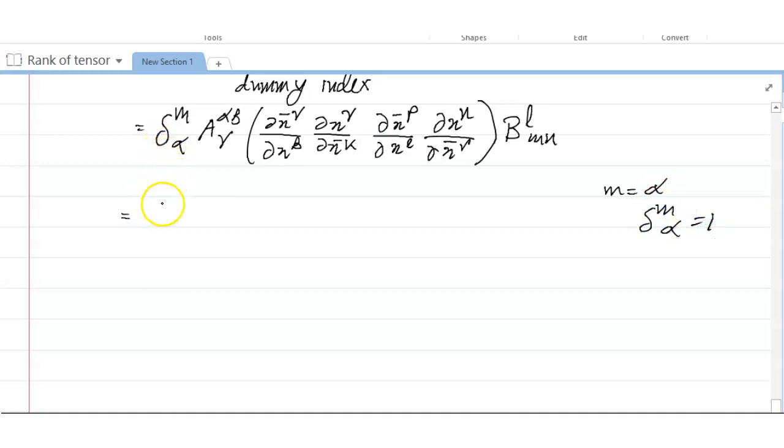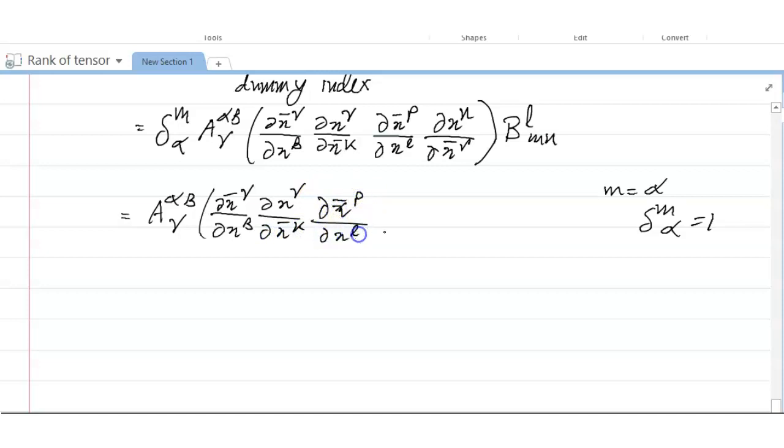So I can write this way: A^{αβγ}, ∂x̄^γ, ∂x^β, ∂x^γ, ∂x̄^k into ∂x̄^p divided by ∂x^l into ∂x^n divided by ∂x̄^r into B^{lmn}, otherwise 0 if m does not equal alpha.